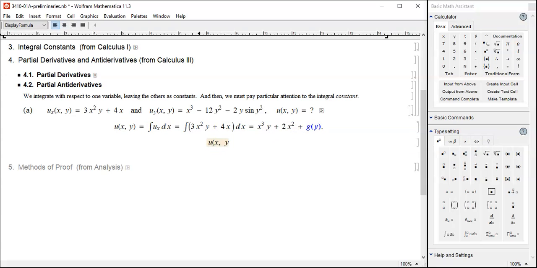Likewise, let's calculate the antiderivative using this one.